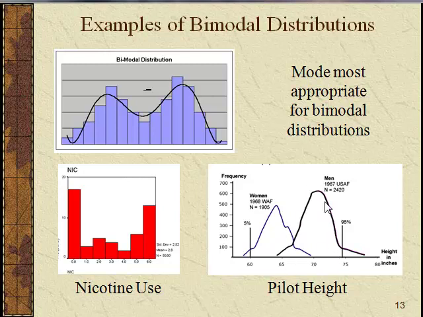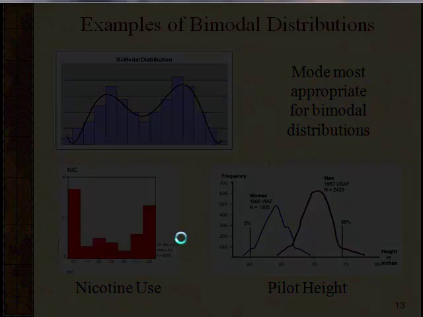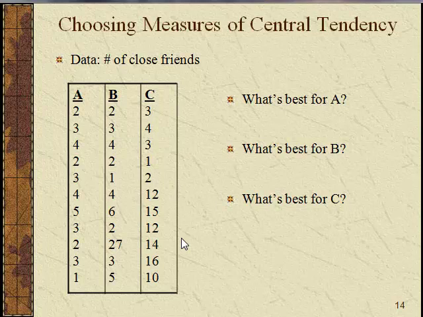And this distribution is bigger simply because it has a larger N. It's based on more people than this one. So in all three of these cases, the mode will let you get at these distinct humps in the distribution.